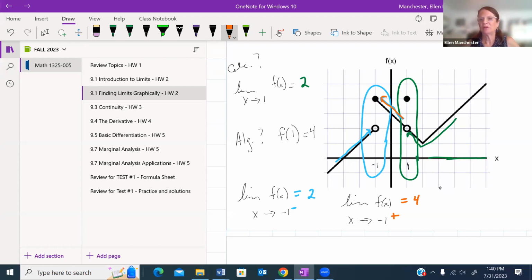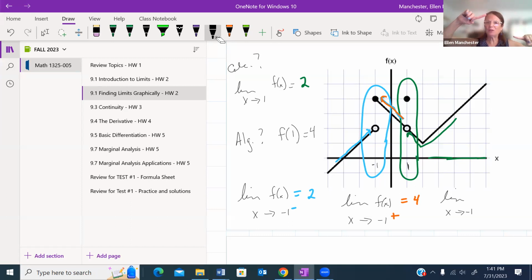That means the limit as x approaches -1, now there's no sign after it. So that means, where are my fingers heading? Are they coming together? So coming from both sides at the same time. If they're coming in from both sides at the same time and they touch, then I know that my limit exists.